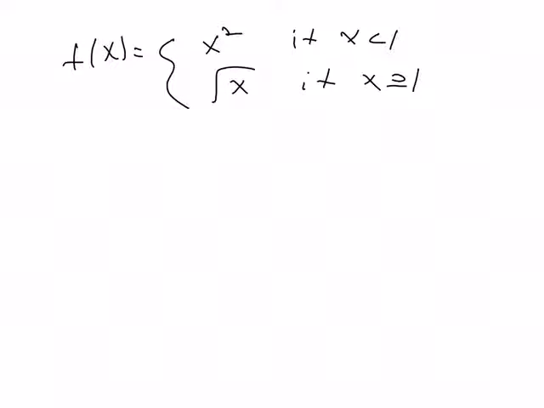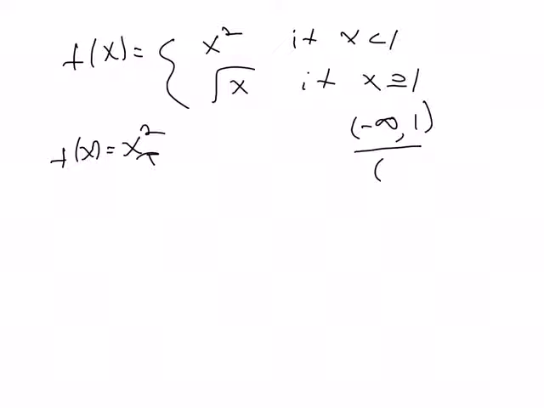First, when x is not close to 1, let's first look at the interval negative infinity to 1, not including 1. On this interval, f of x is basically just defined as x squared. X squared is a polynomial, so it's continuous on this interval.